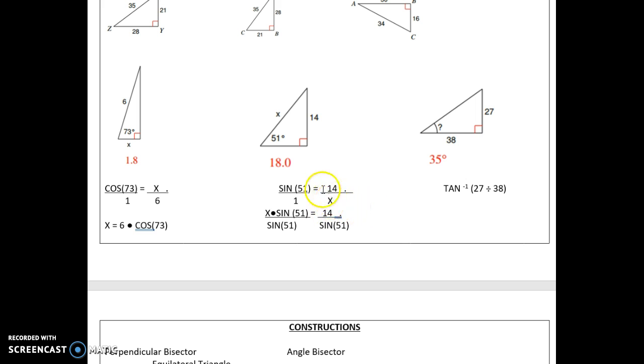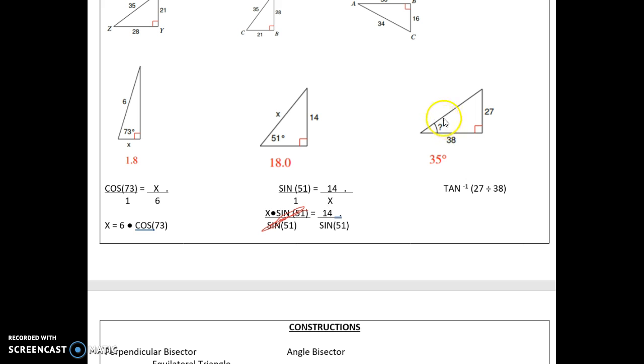So I always do x first. So x times the sine of 51 equals 1 times 14, which is 14. Then you need to divide by that sine of 51, because you want those two things to cancel out. That will give you x equals 18. So in your calculator, you're going to plug in 14 divided by sine of 51.